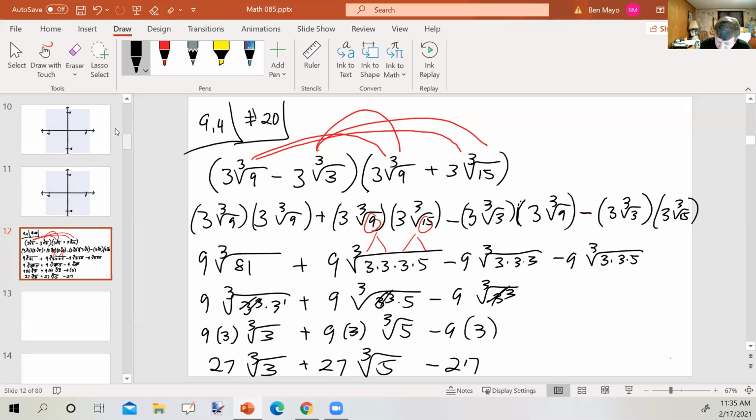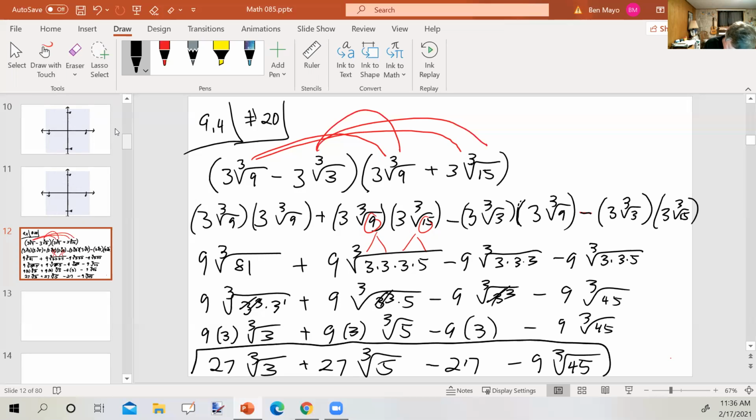Oh, that's not going to go anywhere. Minus 9 cube roots of 45, because there's nothing inside of there I can simplify. So here is our final answer. We've got those 4 terms, and they don't have to be in that order. Any questions? Okay, that was number 20.